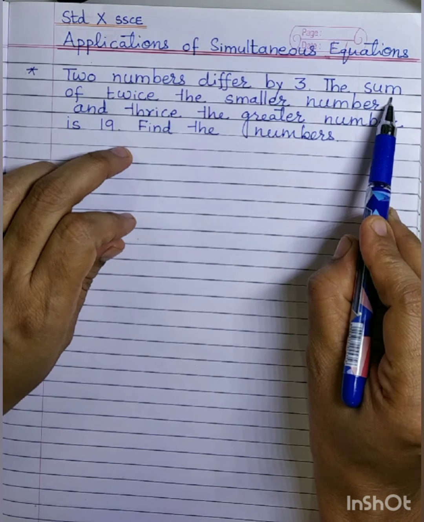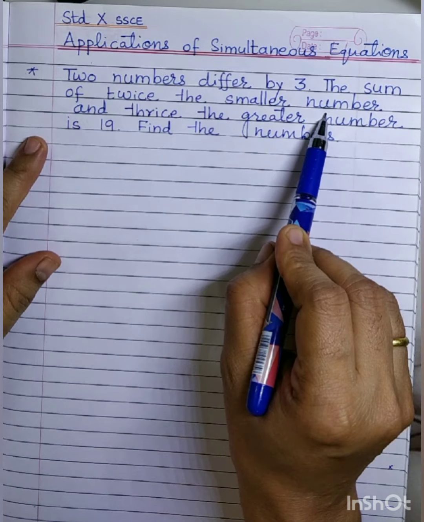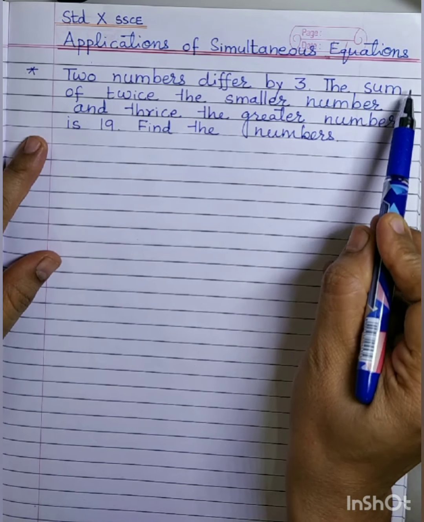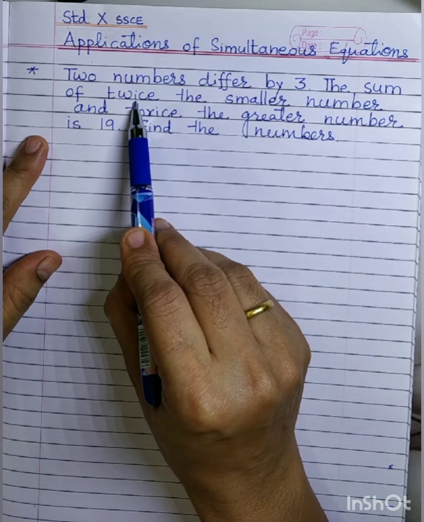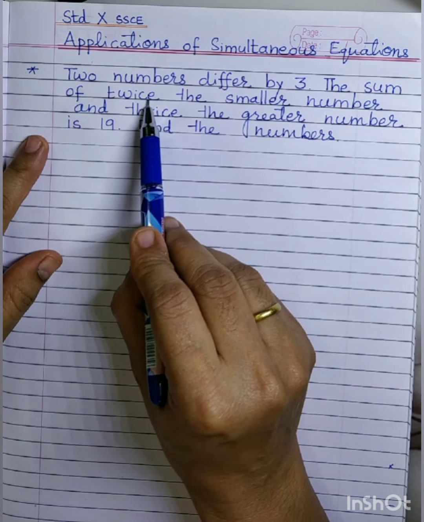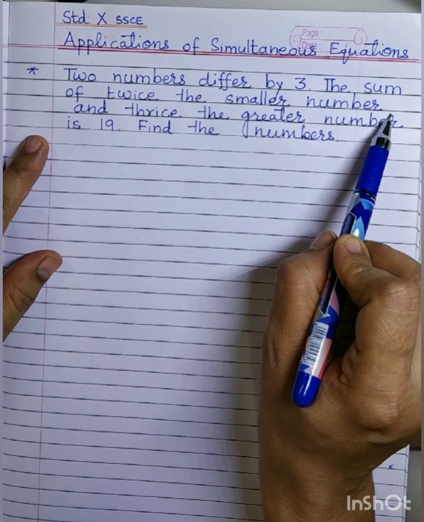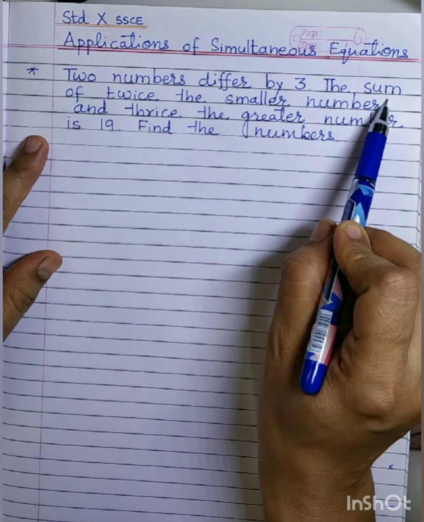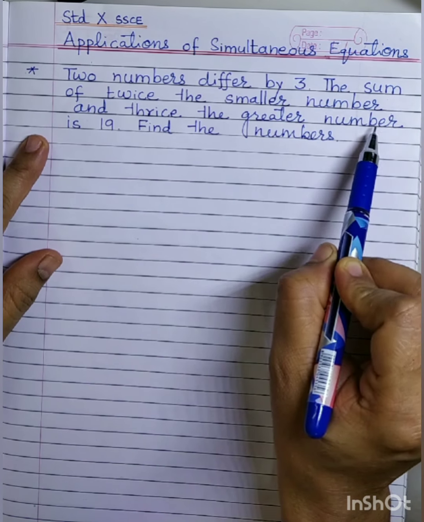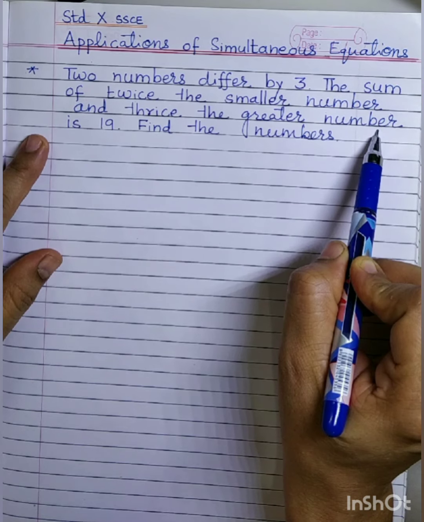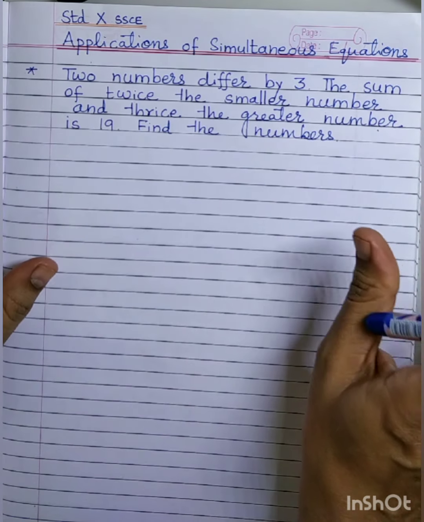The sum of twice the smaller number. So we are talking about sum. Sum of what? Twice. Twice means what? Multiplied by 2. Twice the smaller number, whatever number you are going to pick, and sum means you are going to add it. Thrice the greater number, whichever you assume as greater number, is 19. Find the numbers.